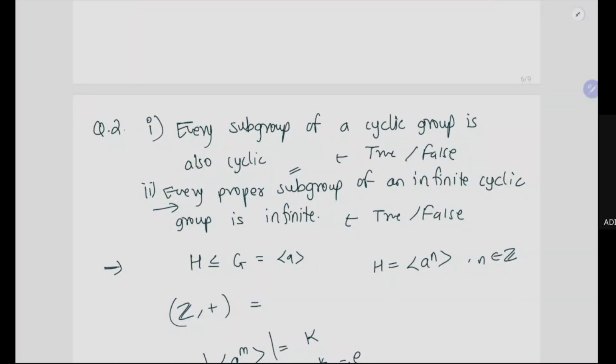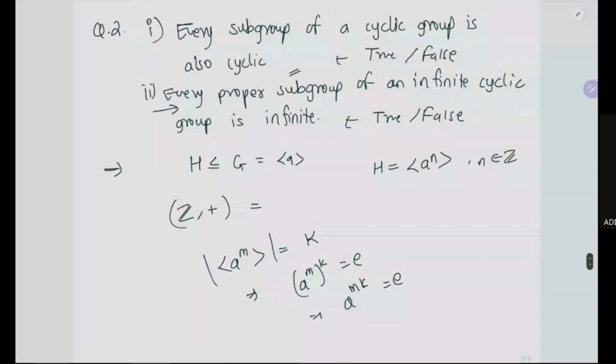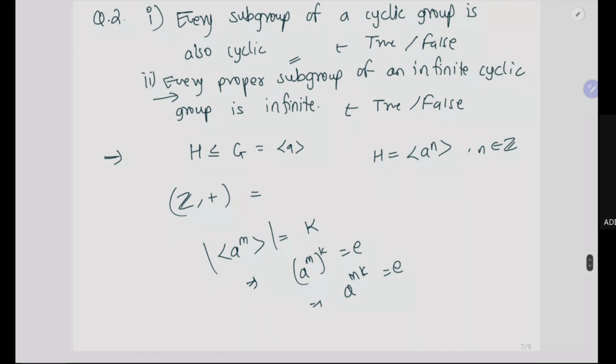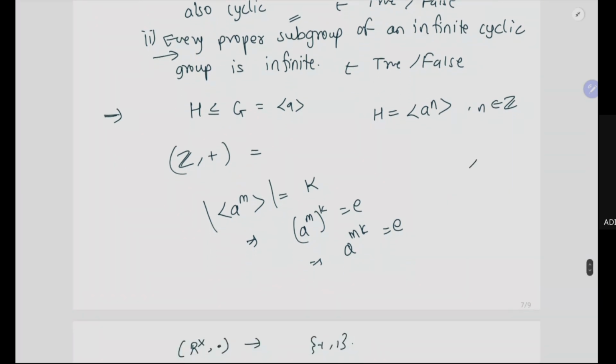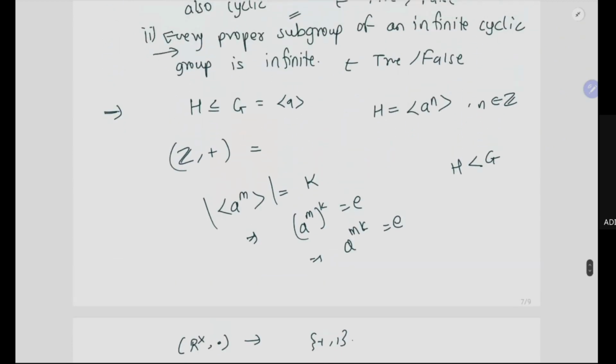Ma'am, I have one doubt. What is meant by proper subgroup? Okay, so a proper subgroup means that it should be properly contained in our group G. If I take H to be R star itself, then the statement is always true, right?